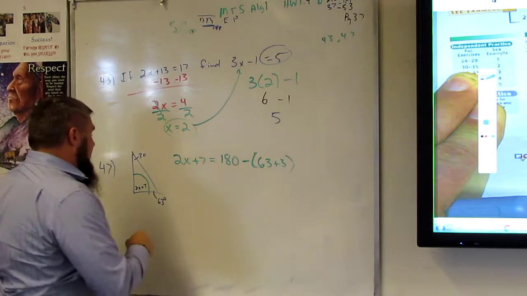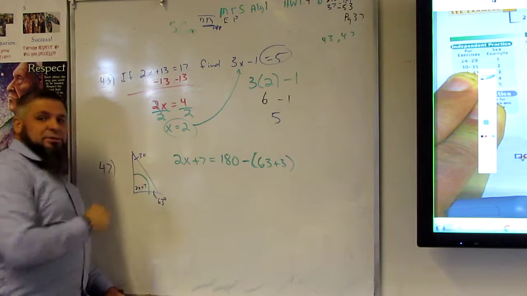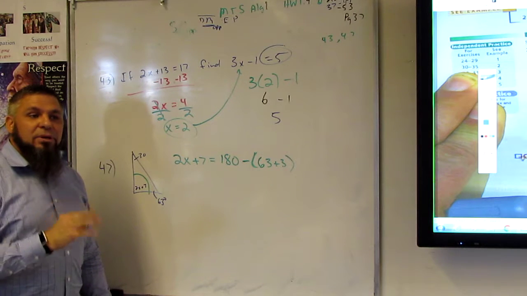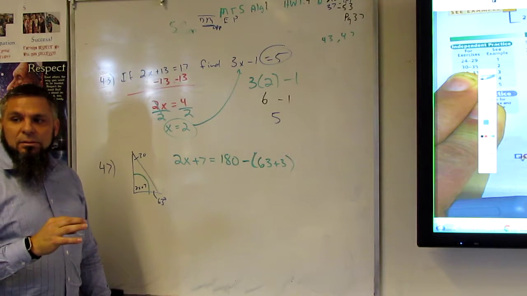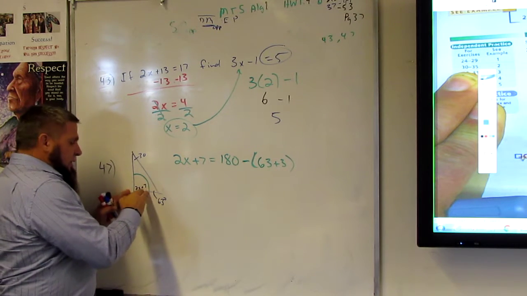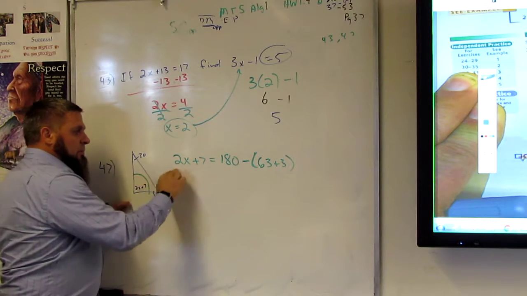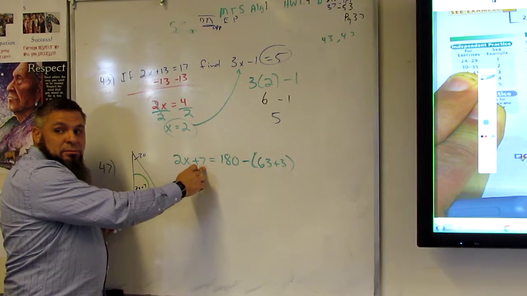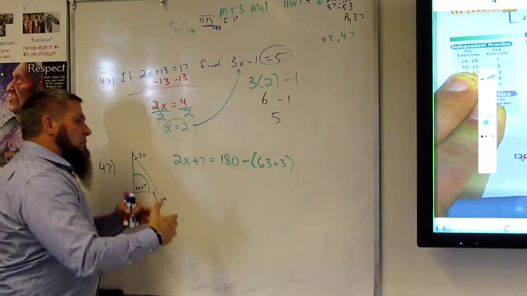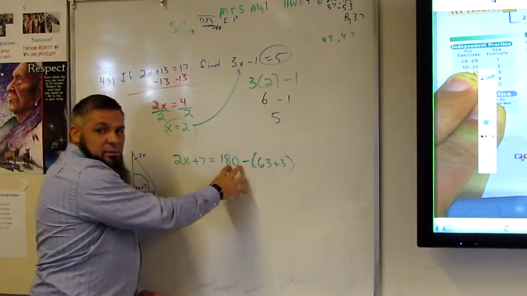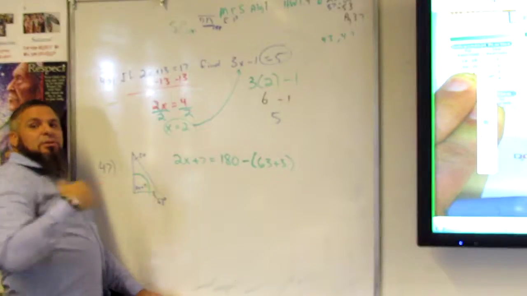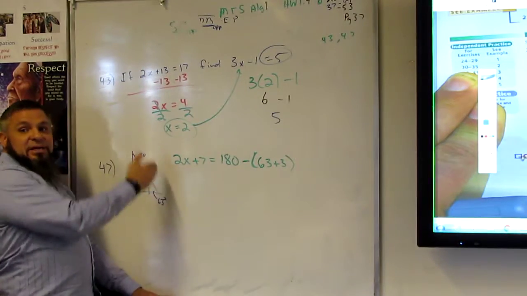So just remember, all three angles add to be 180. So this angle right here, 2x plus 7, is going to equal 180, all three angles, subtracted by the two angles that it gives us.